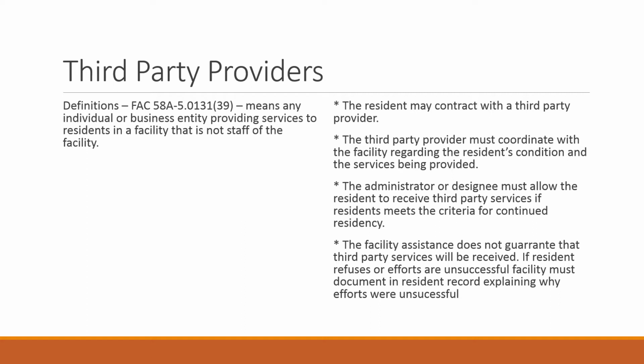If a resident refuses or efforts are unsuccessful, the facility must document in the resident's record explaining why efforts were unsuccessful. So what this means is that if you attempt to make a linkage to a third-party provider service, and let's say home health service is a good one, or occupational therapy or physical therapy, and you're unsuccessful in getting that link done, then you need to document that.